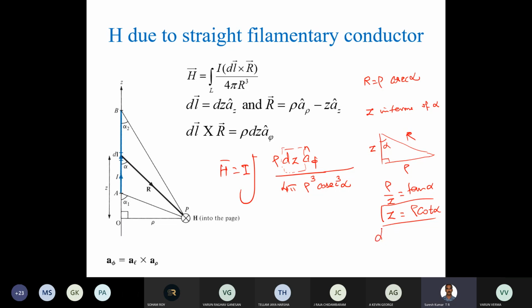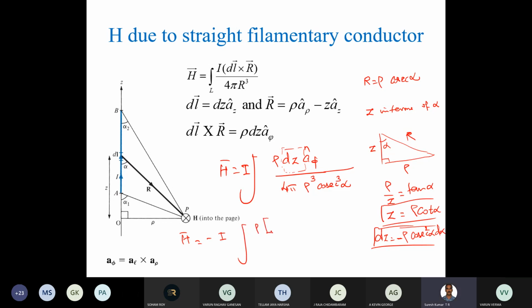We want dz. So dz is rho into the differentiation of cot alpha, which is minus cosecant square alpha into d alpha. Now you can replace the numerator, the dz, with this. Let me take the I outside.